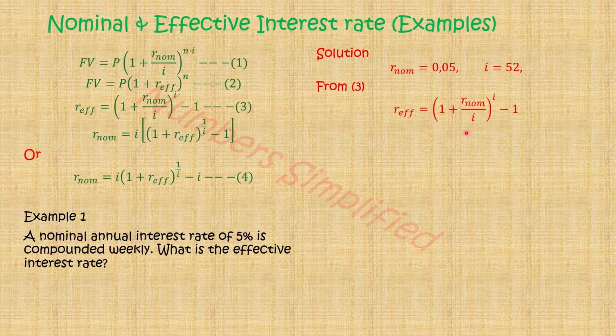So we take that formula, and that is the formula right there, formula 3. The next step is to substitute for the variables that were given. We know that the nominal interest rate is 0.05, so we substitute for that. And we see that the I is 52, so we substitute I with 52, and that is in two places.